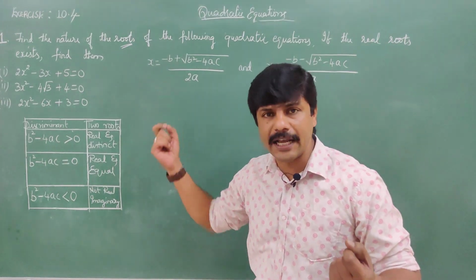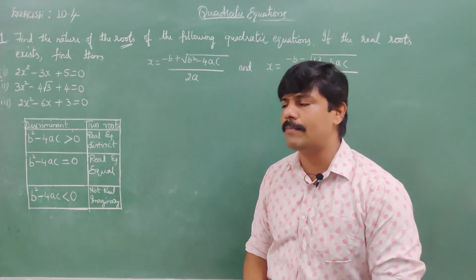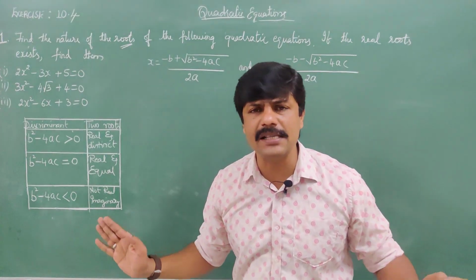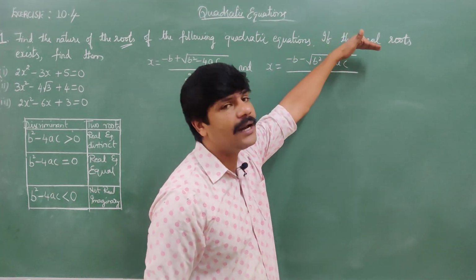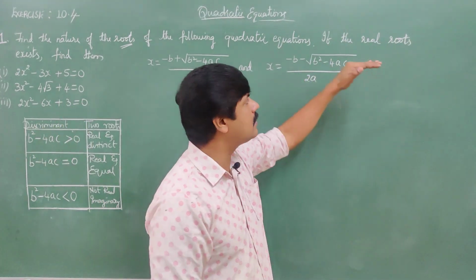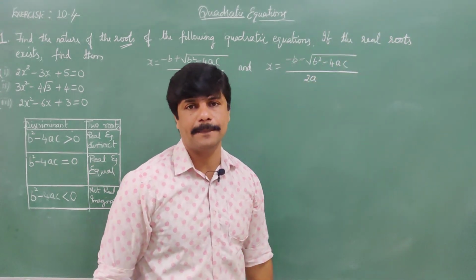If the value of x, that means the root, is a natural number or fraction or decimal or whatever it is, all those belong to real numbers. If you get such numbers, then you can call them real roots. Roots are real, you will say.